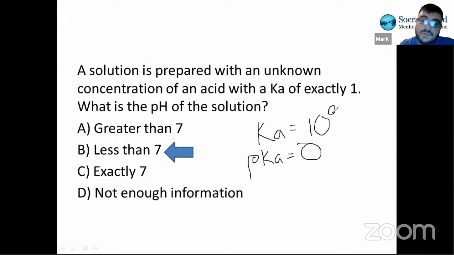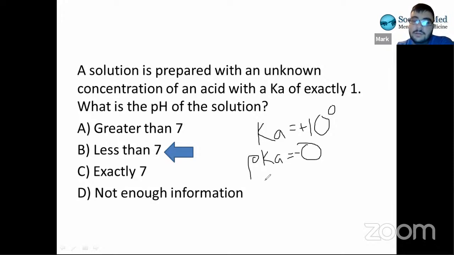Because I just told you pKa is just the exponent. If you do 10 to the power of it, it's just the exponent. So pKa would be negative 0, which is also 0. So pKa is 0.